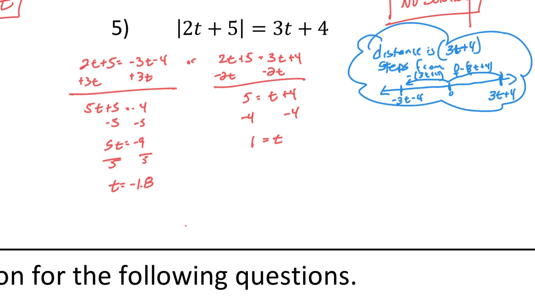So what I need to do now is verify the 2 answers that I got, negative 1.8 and 1. I have to see if they actually work in that problem.